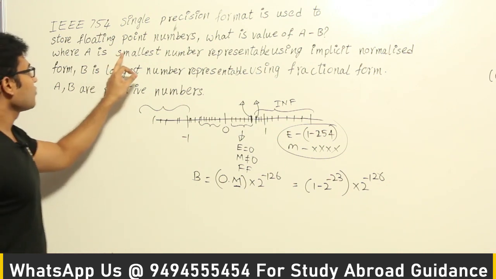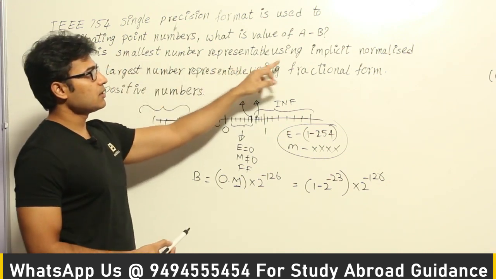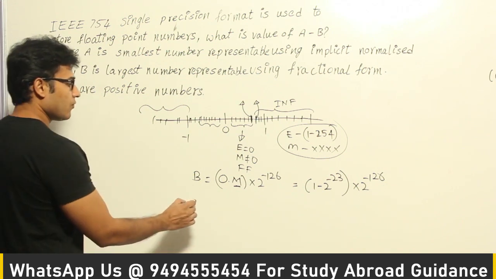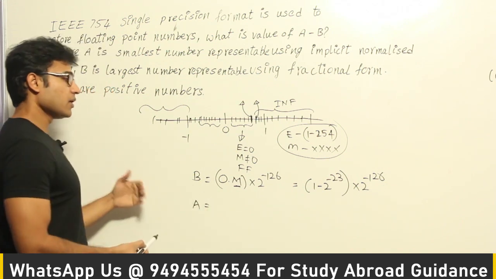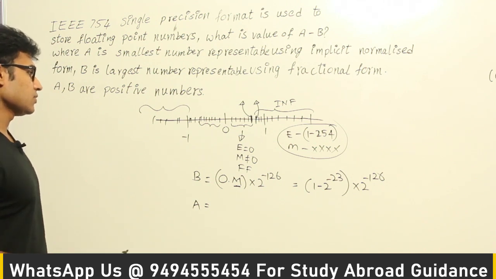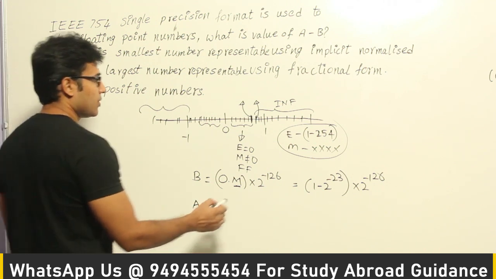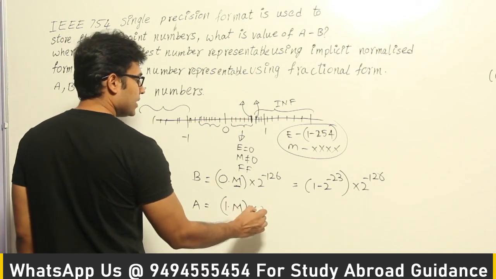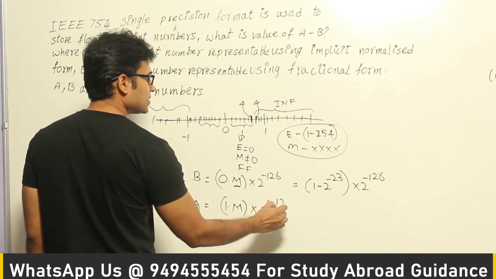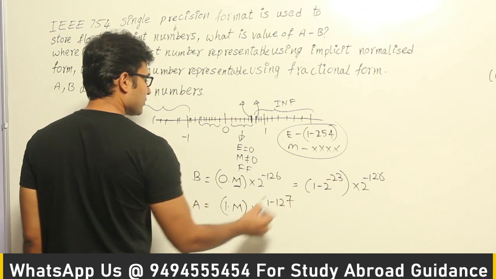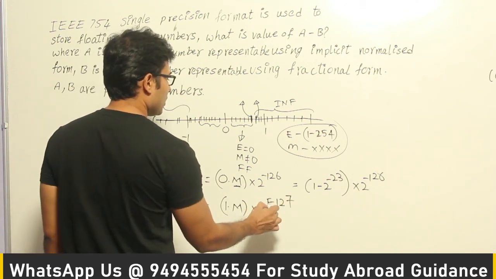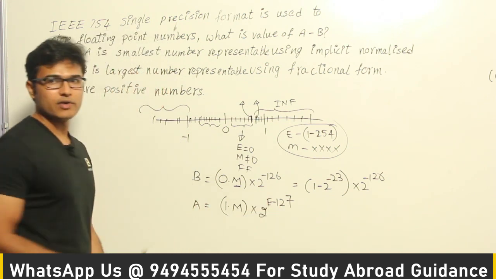Now we have to find out the smallest number representable using the implicit normalized form. Now I have to find out a. Write down the formula that we are going to use for implicit normalized form. The formula is 1.m into 2 power e minus 127.